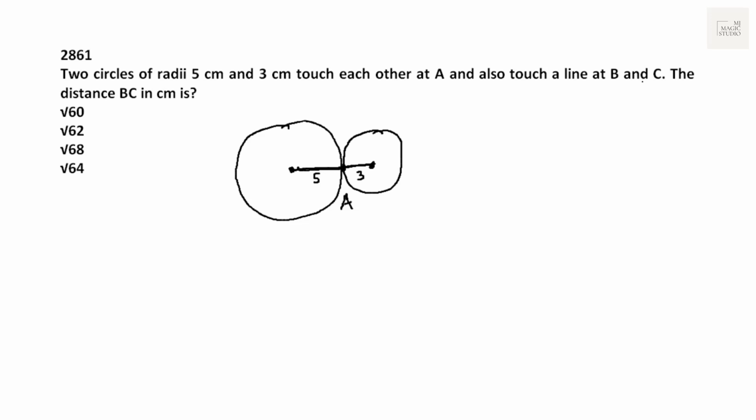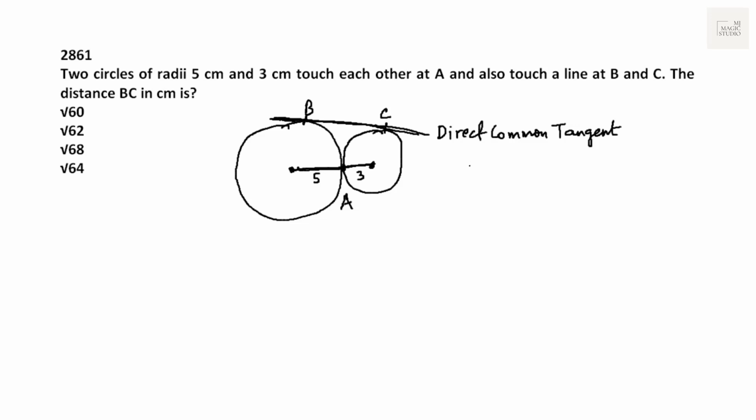And they also touch a line at B and C. There is a line that the two circles touch at B and C. This is known as the direct common tangent. They have asked to find the distance BC, that is, the length of the direct common tangent.